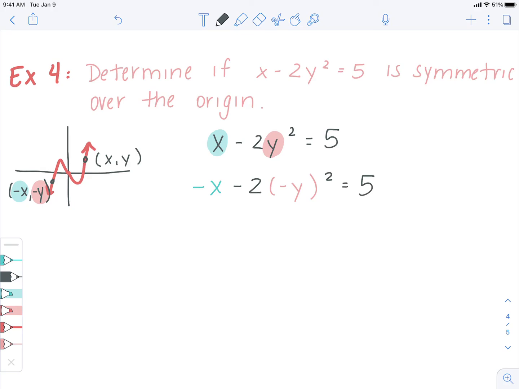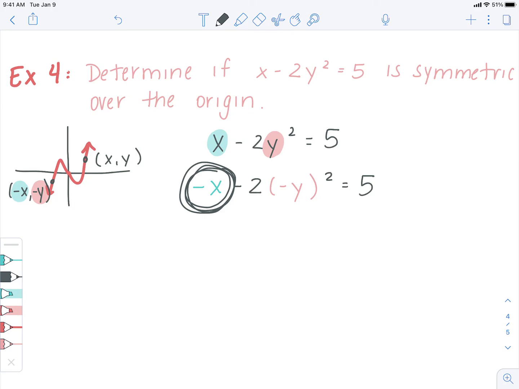And then I want to look and see if I can get it to be the same. Is there anything I can do to that negative x that's going to make it positive? No, right? There's nothing else happening to that negative x. It just has become negative. So because there is nothing I can do here, this is never going to become positive. It's never going to get back to matching my original equation. This is not symmetric over the origin. So that's what I was talking about with saying you have to see if it matches. If you can get it to match, it's symmetric.